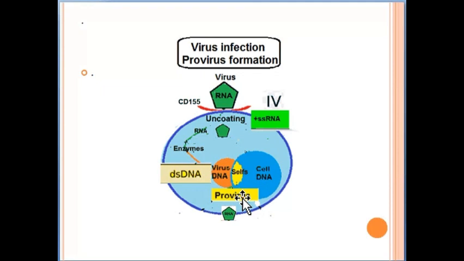And as I said, the provirus has 2 tasks. One, creation of virions, and the other one is it stores the self of a cell.